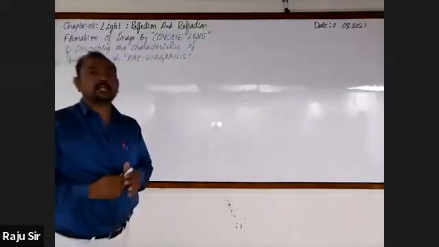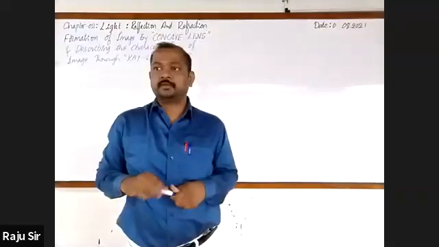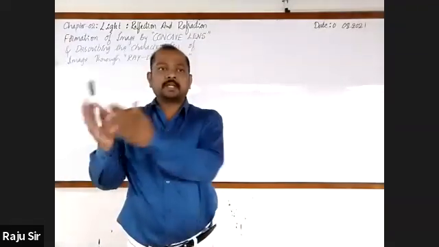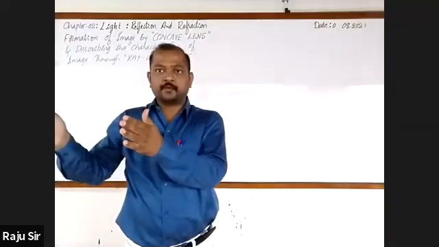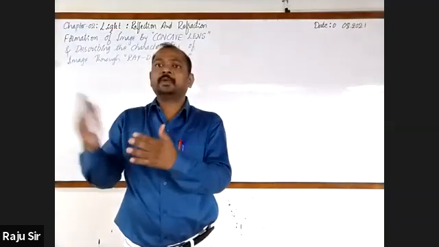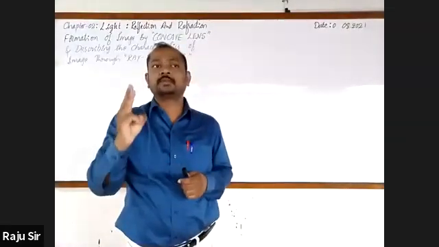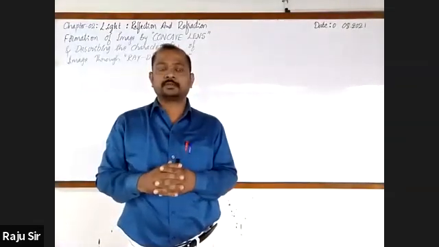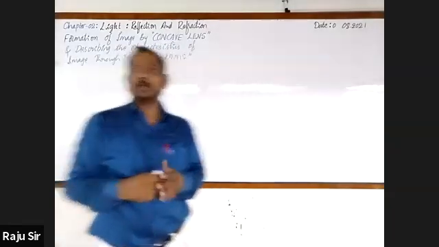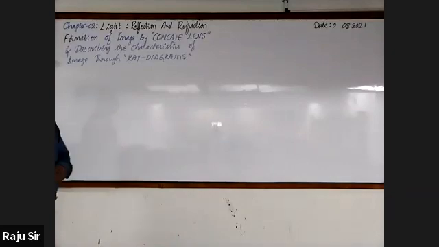What is the first position? When the object is placed between optical center and principal focus. Next one, at F, and between F and 2F. We are just going for taking only the 3 positions of the object, only 3 positions. No need to go for all. You will come to know the reason.